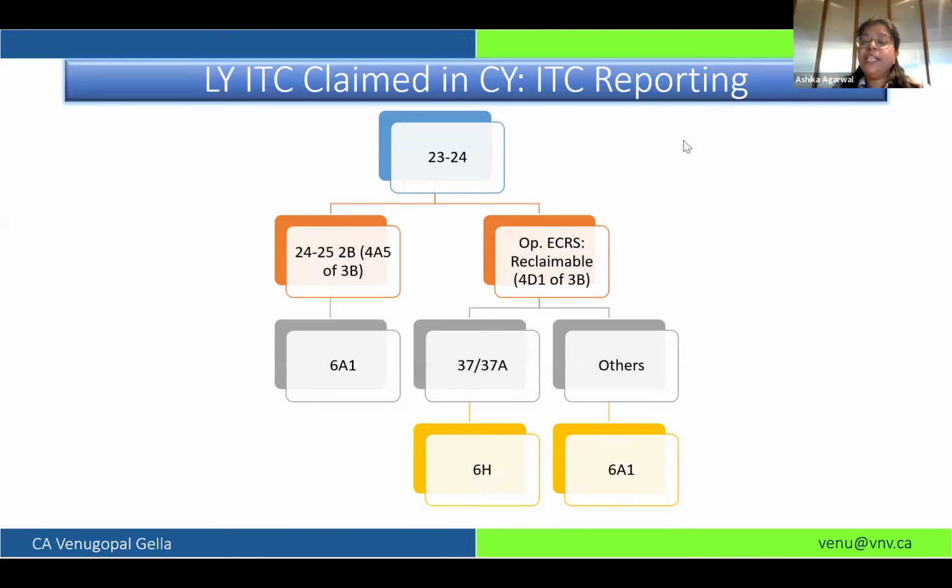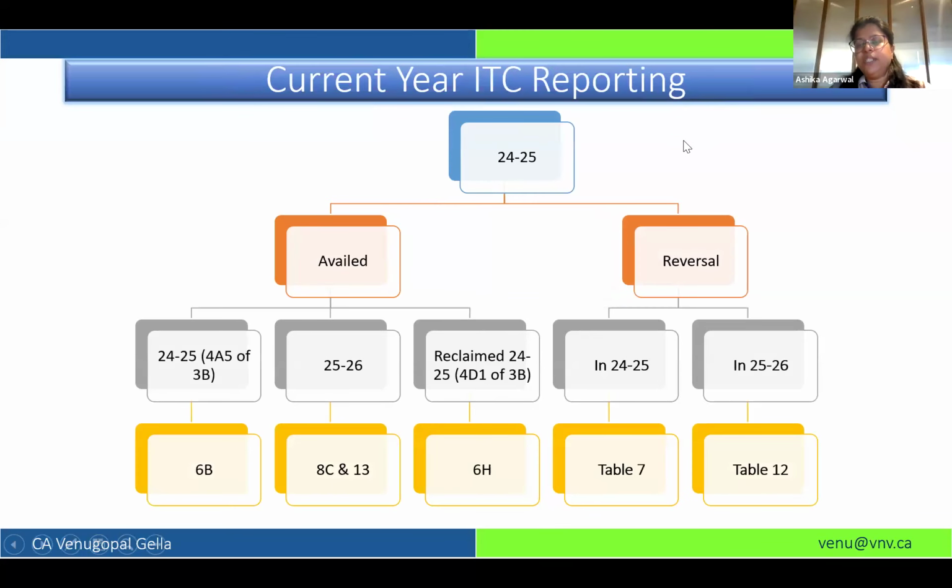Now coming to 24-25 ITC, meaning ITC which is auto-populated in 24-25 pertaining to 24-25. What you have availed in 24-25 as first time fresh availment will go in table 6B of GSTR-9. What you have availed means you are saying you have availed in next year.